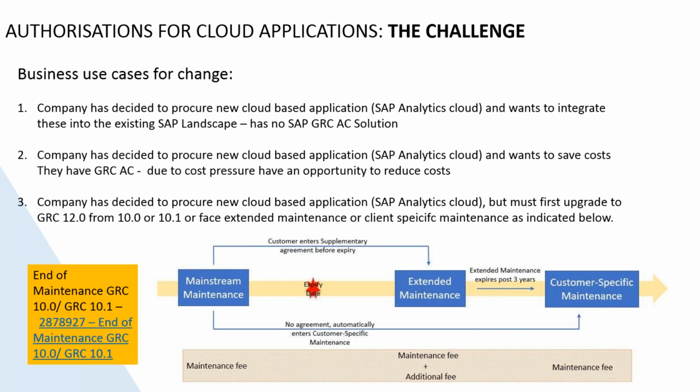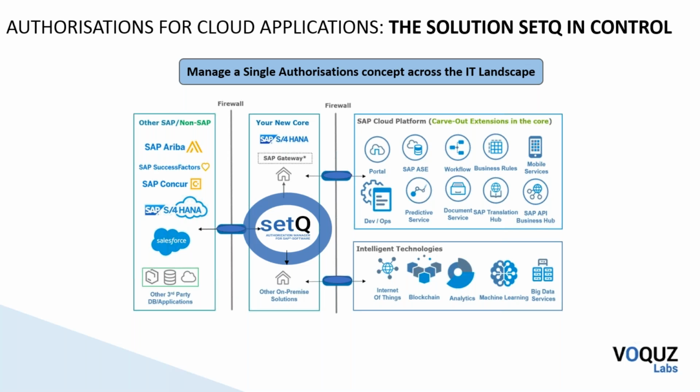So what would it look like from a setQ architecture if you decided to go down this road? The first thing that we set out to do from a setQ perspective is to ensure that you have a single authorization concept across your entire IT landscape, specifically in the SAP space, that's where it's really designed for. So we want to make sure that across all the different cloud platform elements that we're going to talk about later and show you an example on, you can very easily connect to those new cloud applications.